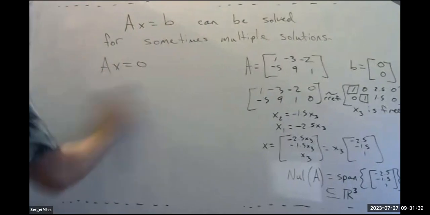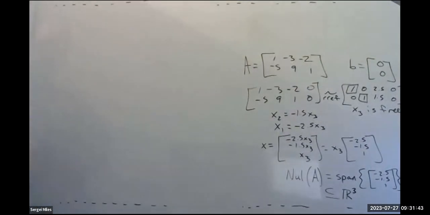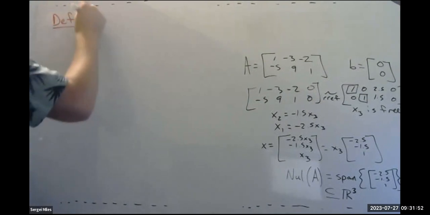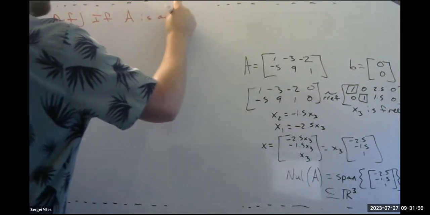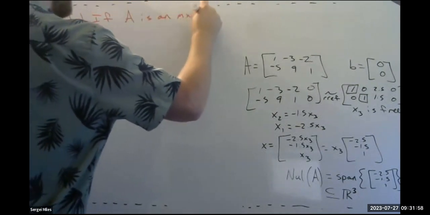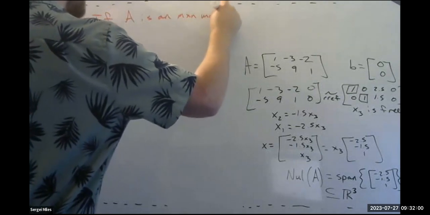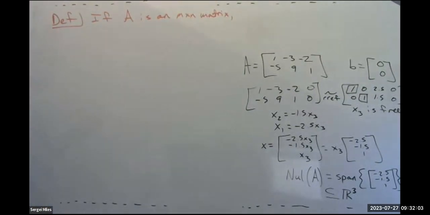So let's write out a formal definition then for null space. We then have, if A is an M by N matrix. And note here, we're no longer talking about square matrices.